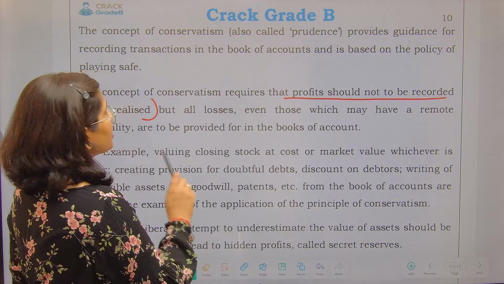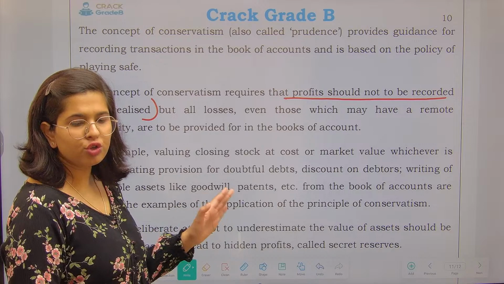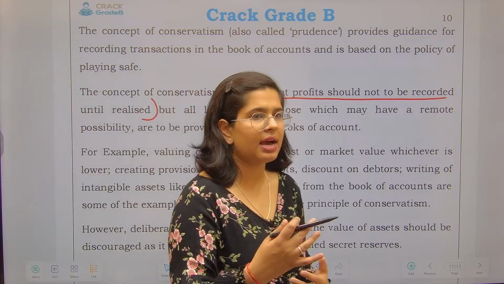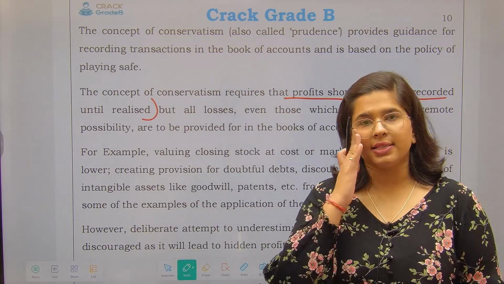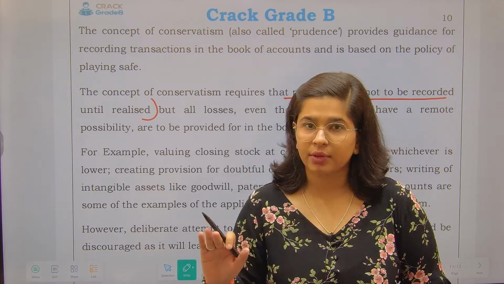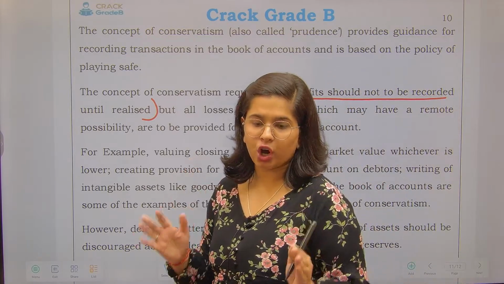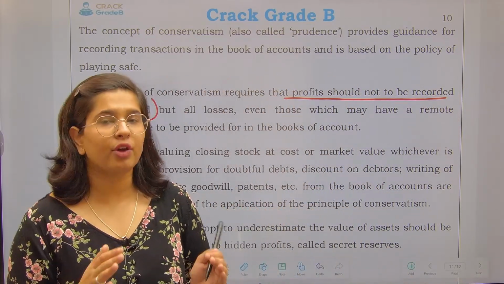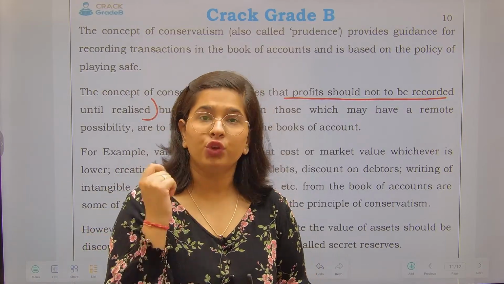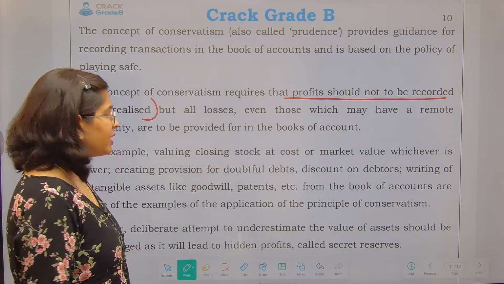So you see, the concept of conservatism says that profits should not be recorded. ज़्यादा खुश मत हो. अगर आपको ऐसा कोई किसी ने बोला है कि हाँ हाँ हम आपको 10 लाख का प्रॉफिट करवा देंगे, ठीक है, जब तक हो नहीं जाता, जब तक लीगल राइट नहीं मिल जाता, तब तक रिकॉर्ड मत करो. Fine. Lekin if someone says that okay, if there is surety that you might incur a 5 lakh rupees loss, even though you have not incurred it till now, you have to provide a provision for that. This is the concept of conservatism.